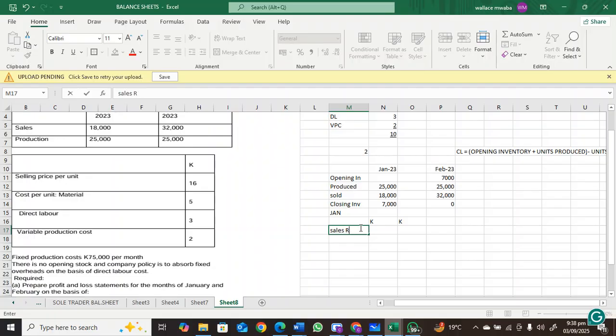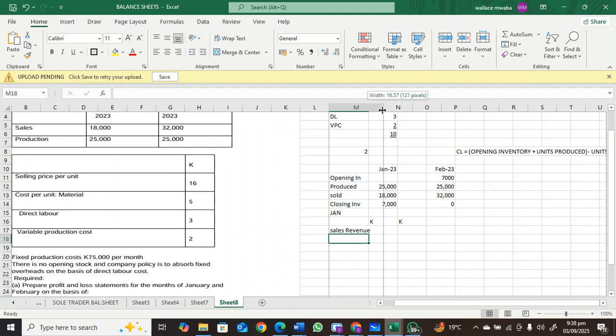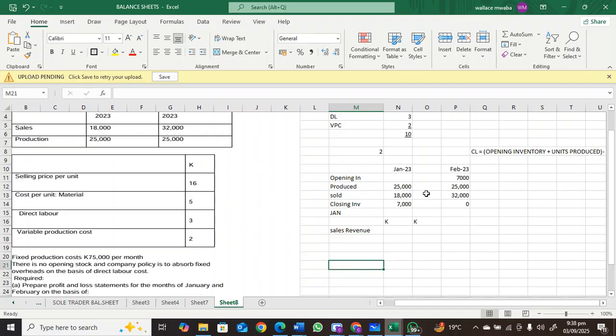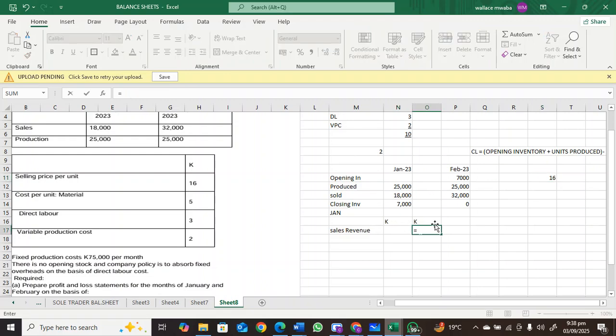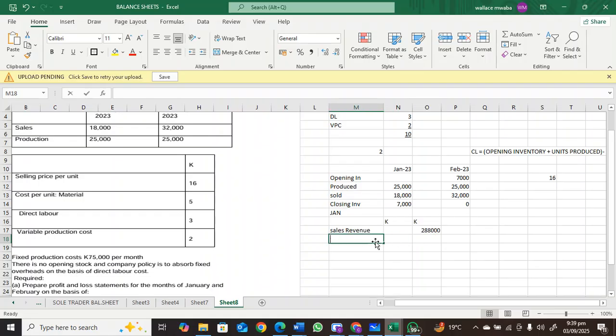The sales revenue is the number of units sold times the selling price. Our selling price is 16 kwacha, and we sold 18,000 units in January. So our sales revenue is 16 kwacha per unit multiplied by 18,000 units, which is 288,000.